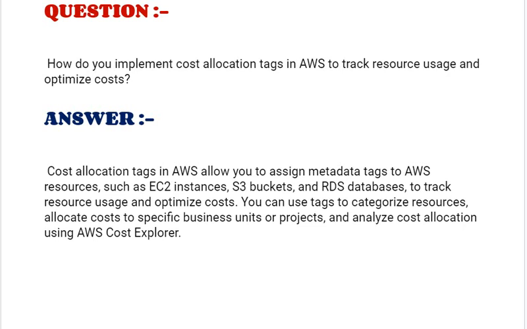You can use tags to categorize resources, allocate costs to specific business units or projects, and analyze cost allocation using AWS Cost Explorer.